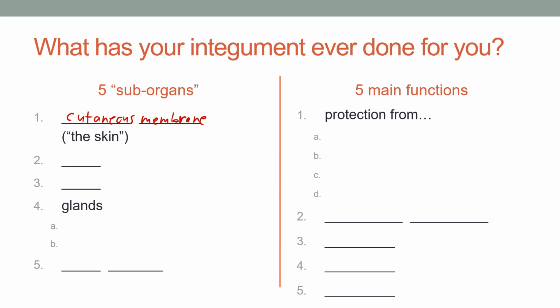Hopefully before you watched this video, you watched our introduction to epithelial tissues, and you understand that there are 4 types of epithelial membranes, and that the cutaneous membrane is one of those 4 types. But like all epithelial membranes, it's got a connective tissue layer, the dermis, and an epithelial layer, the epidermis.